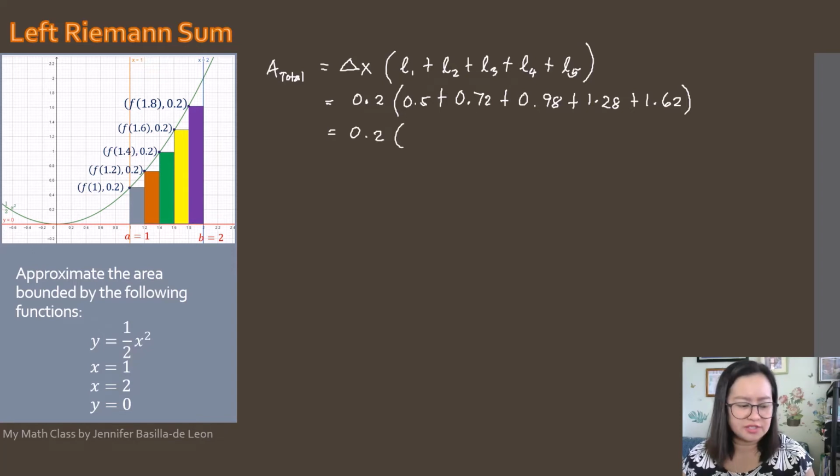Now getting the sum of these lengths, we would be able to get 5.1. Now multiply by 2/10, and hence the area of the region is approximately equal to 1.02 square units.